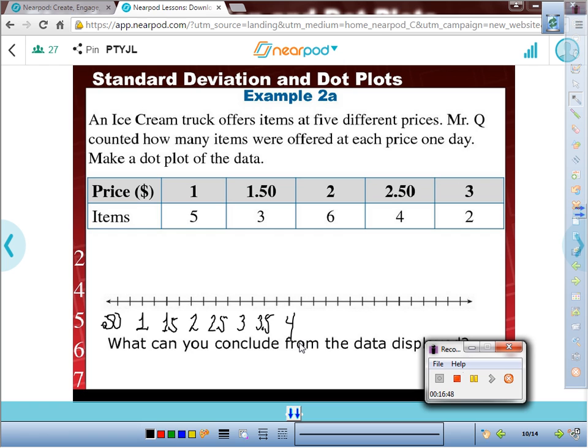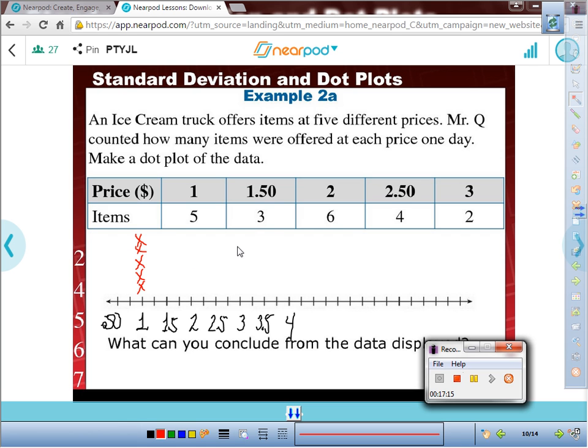So, dot plots. They show the frequency of whatever data they give us. According to this, I was checking out an ice cream truck and the items that they sold. How many items of the $1 did they sell? 5. So we just do the frequency: 1, 2, 3, 4, 5.